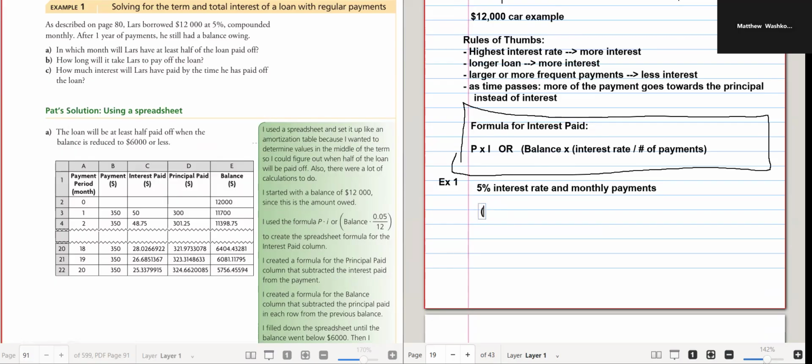The balance part I don't really care about in this case, but it'd be the balance times 0.05 divided by 12. Just as you see it on your book there to the left. Right, so that's what that would be. So again, here's your 5% interest rate. Here's your monthly payments. If this was weekly payments, that'd be 52. If it was 10% interest, it'd be 0.1, and so on and so forth.